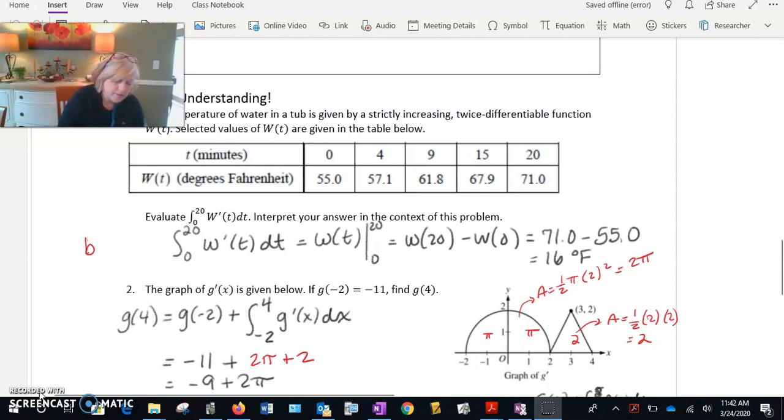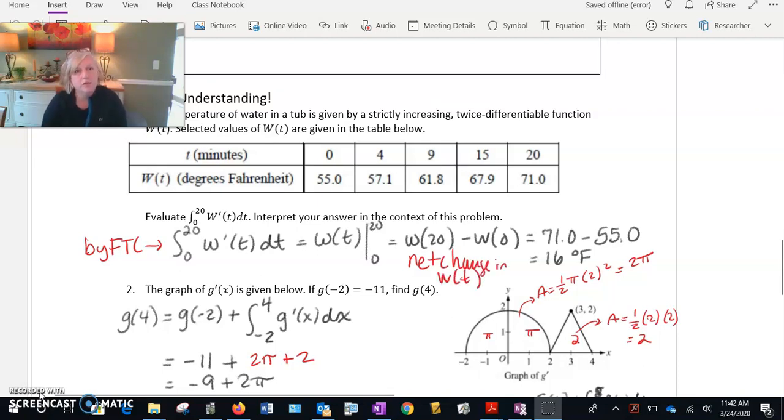So by FTC, the second part says that the definite integral from 0 to 20, where the rate function is inside of the integral, can be calculated by simply doing the net change in your W of t function.